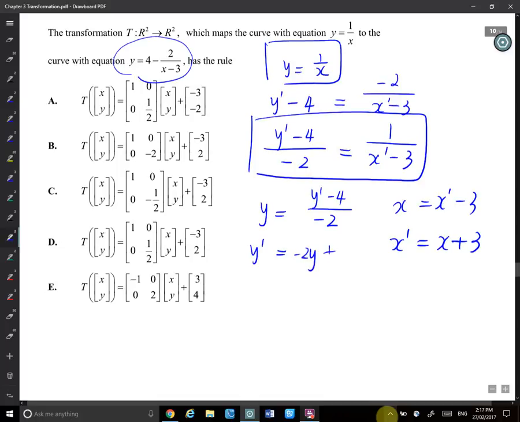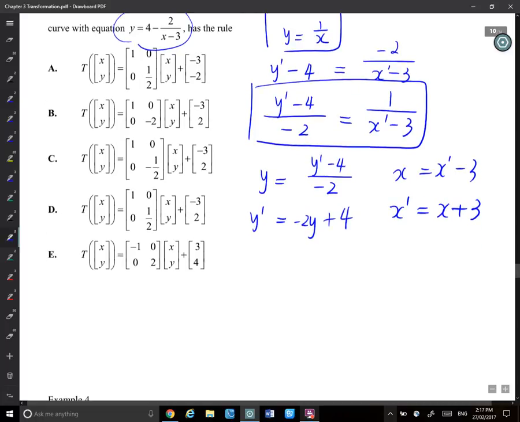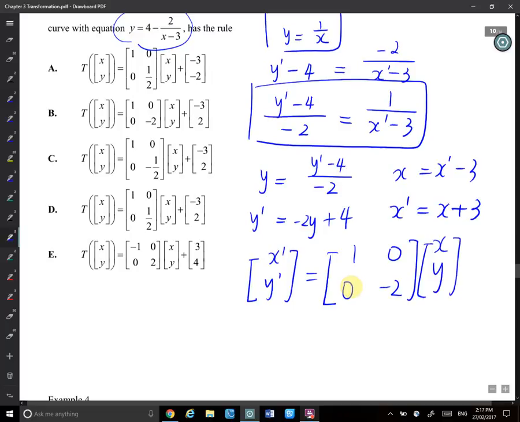Minus 2y plus 4, okay? So how can we set up this equation? x dash, y dash should equal: x has no change, that's 1 and 0, and we have 0 and negative 2 for y. And for the movement, which is 3 and 4.